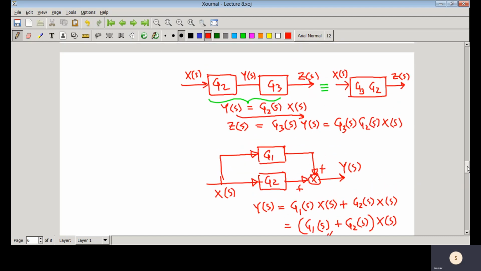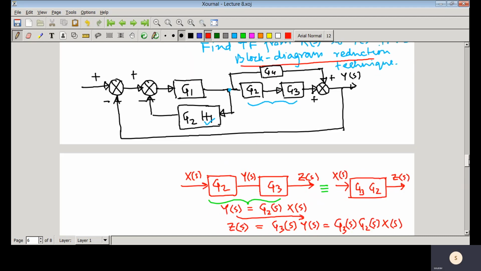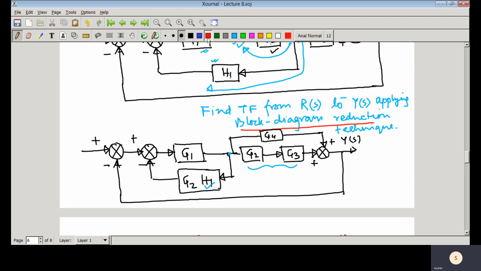Then you can see the structure, and if you look at the block diagram that you have, particularly you can see that these two block diagrams, this one and that one, are cascaded. So basically you can simplify that as G3 G2.